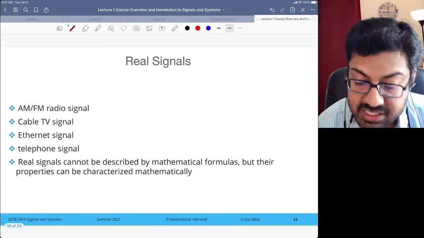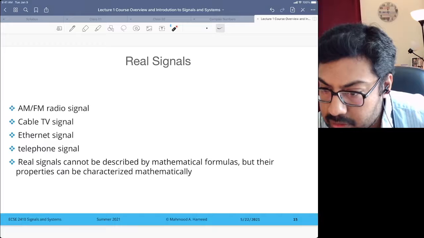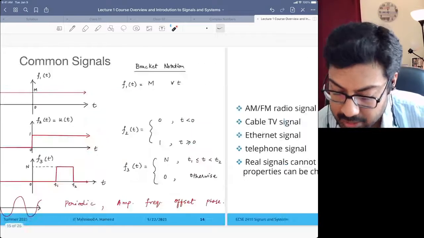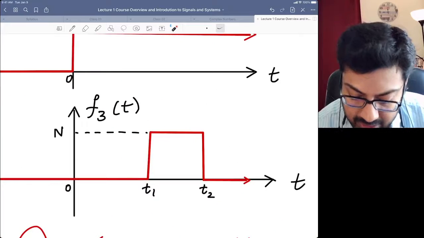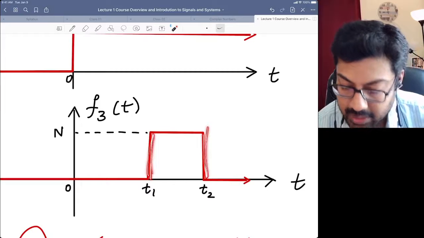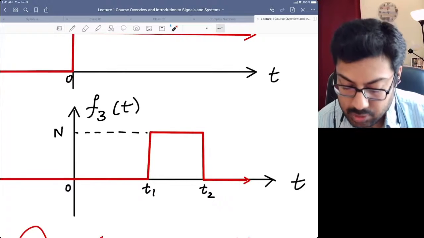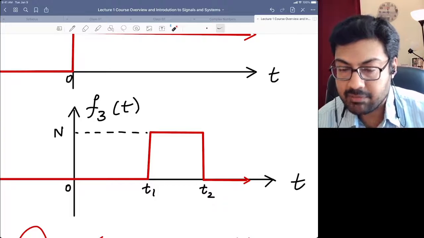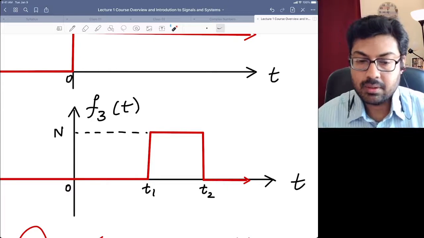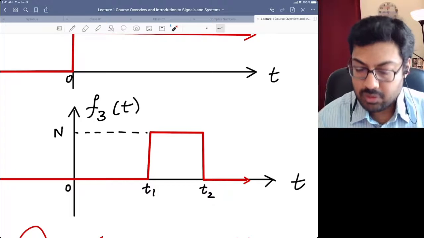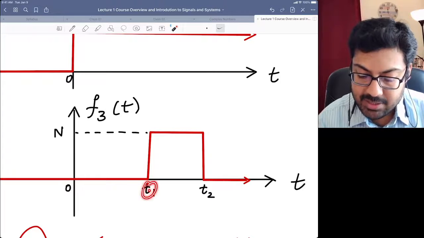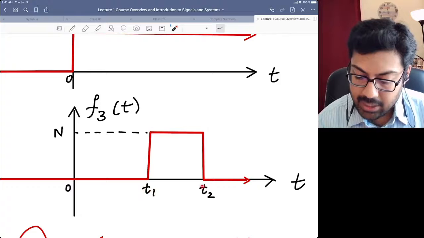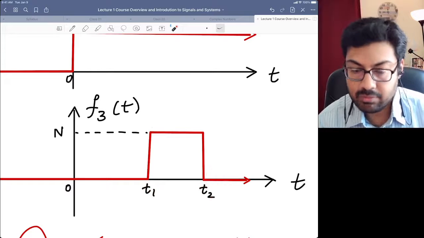Now, as far as real signals are concerned, is there a discontinuity on the... Yeah, there are 2 discontinuities. One is over here, and then one is over here, right? So again, we will try to evaluate every discontinuity by using that kind of a limit, right? So at t1, I'm assuming that it has already reached n, and at t2, I'm already assuming that it has reached 0.